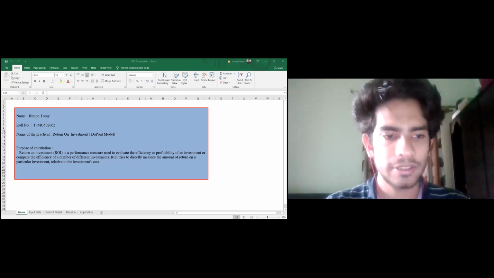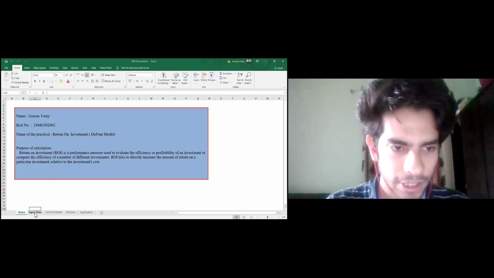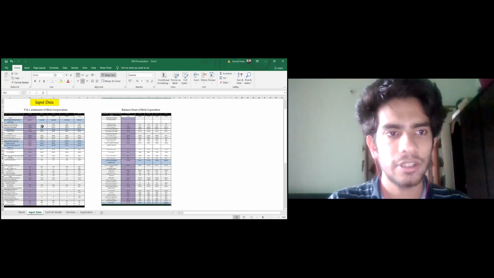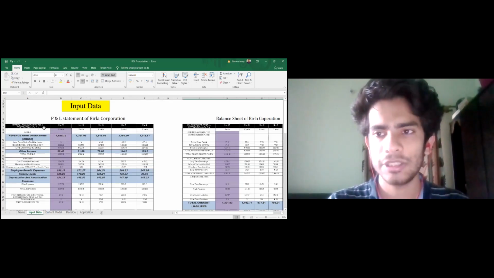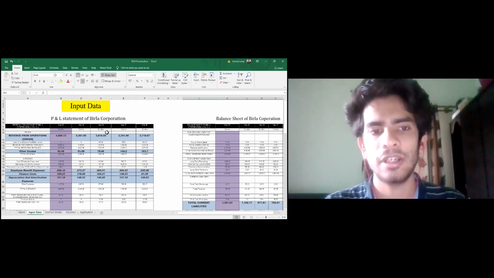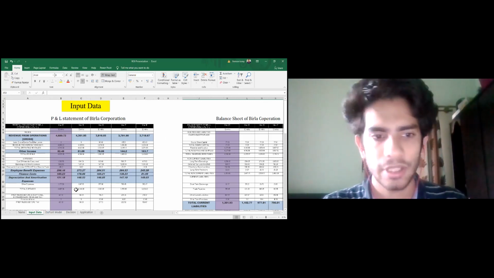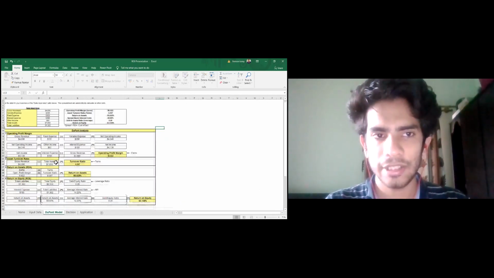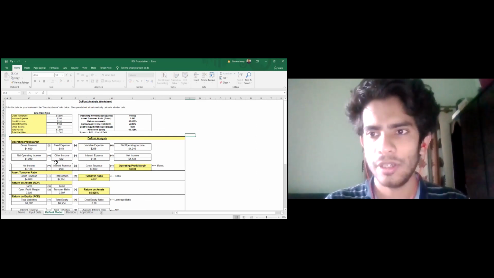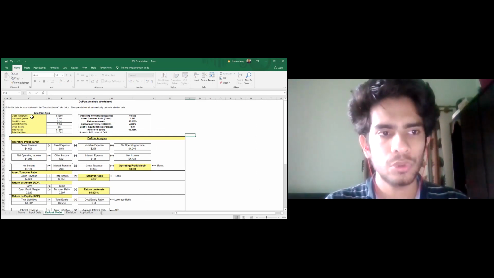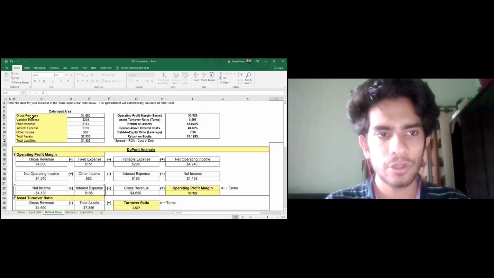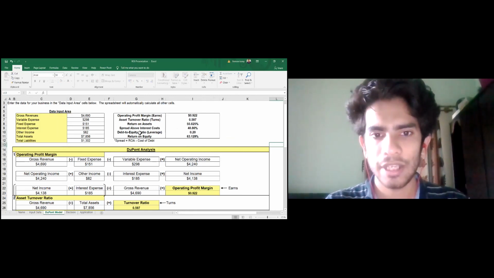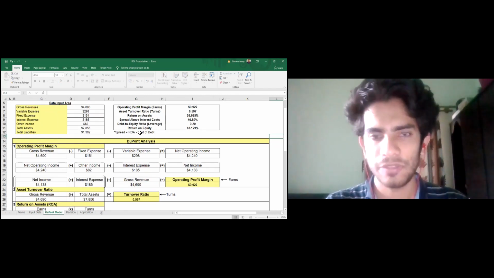The input data that I have taken is the profit and loss statement of Birla Corporation and the balance sheet from Money Control, and the DuPont model. This is the template of the DuPont model where we have to change the data input area so that we can get the ratios perfectly.